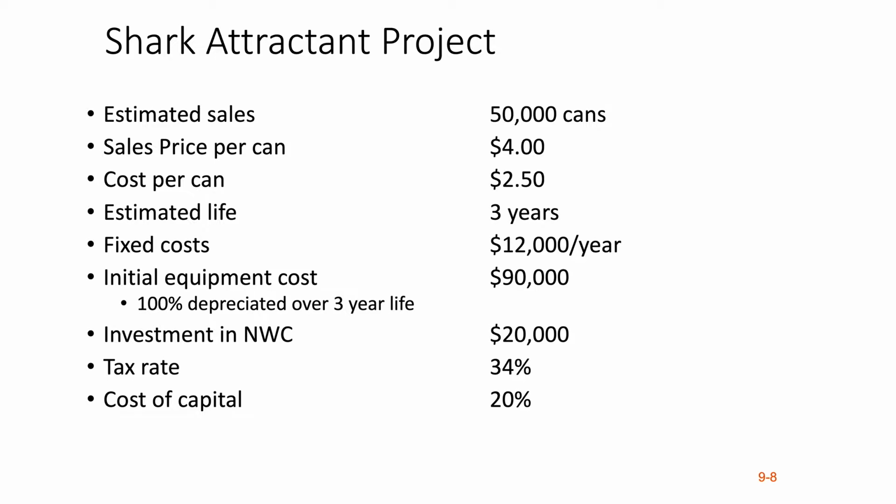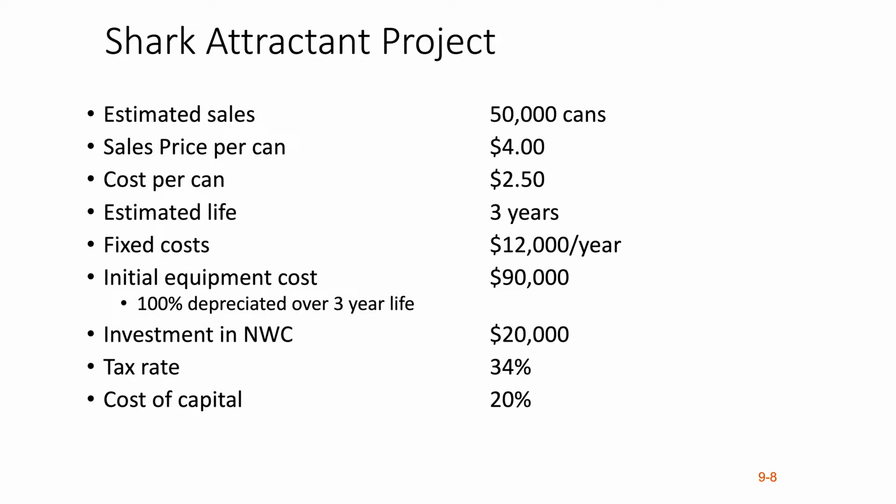The initial equipment cost is $90,000. That means you buy the machines. Now, for depreciation, they are using straight line, 3-year, 100% depreciation. Basically, per year, you write off $30,000 to reduce your taxable income.